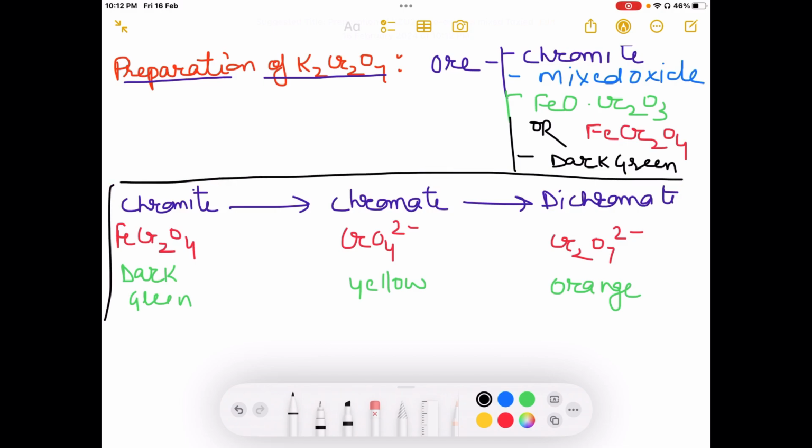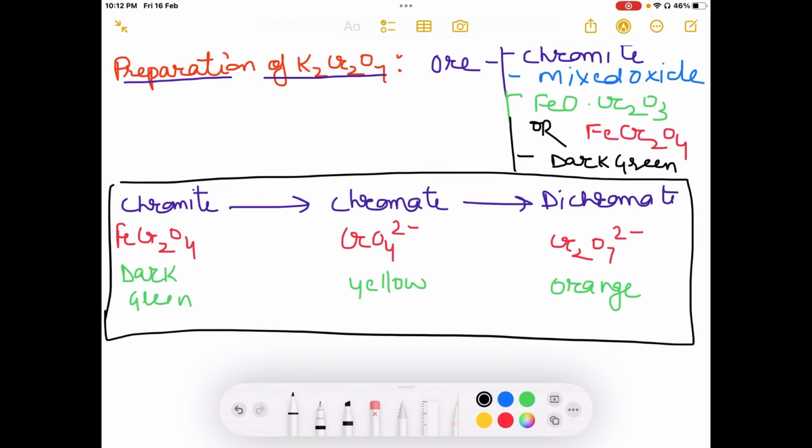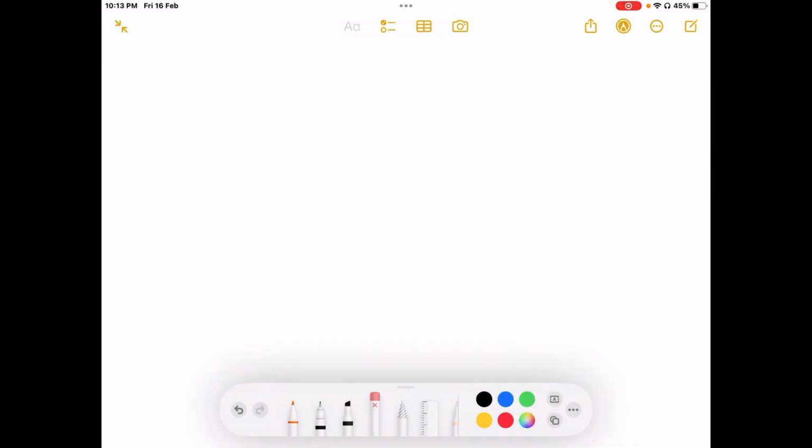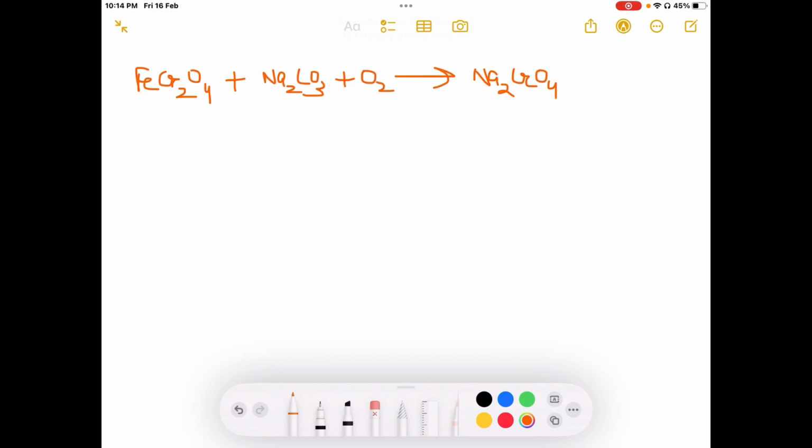This part is helpful in word problems based on the preparation of potassium dichromate. Chromite ore, FeCr2O4, in the presence of sodium or potassium carbonate and excess of air, changes to sodium chromate, and the byproducts here are Fe2O3 and carbon dioxide.